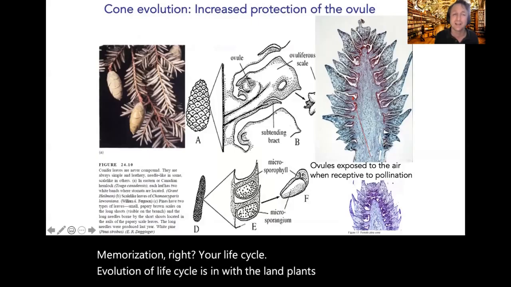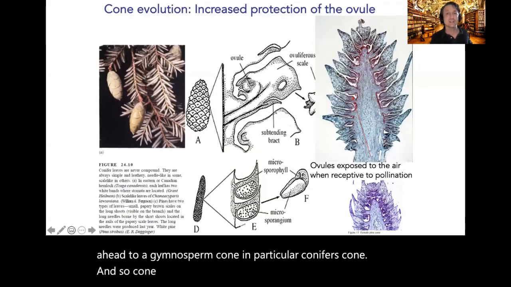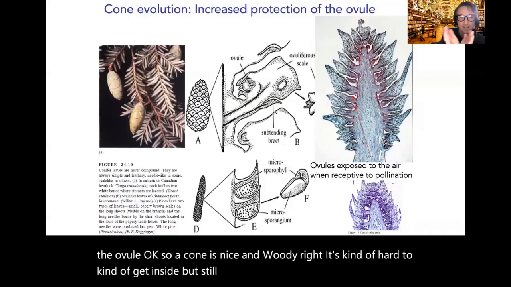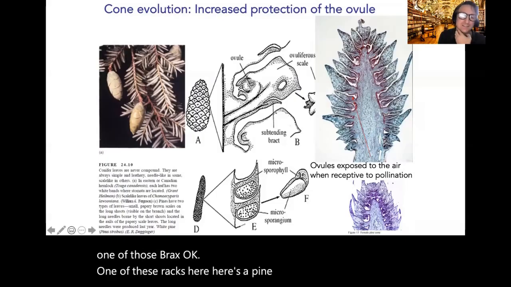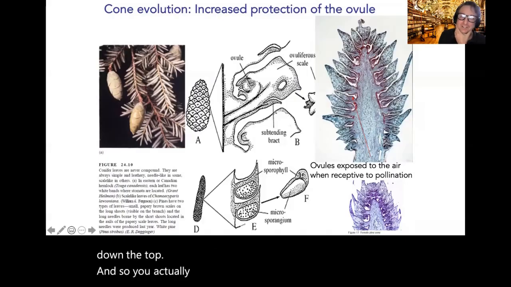We can jump ahead to a gymnosperm cone, in particular a conifer cone. Cone evolution is associated with increased protection of the ovule. A cone is nice and woody, so it's hard to get inside, but if you open up one of those scales or bracts, here's a pine cone sliced right down the top, you find the ovules sitting right there.